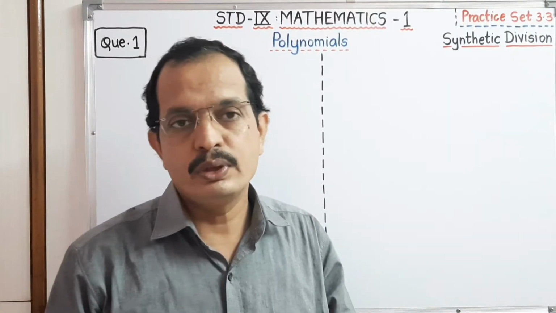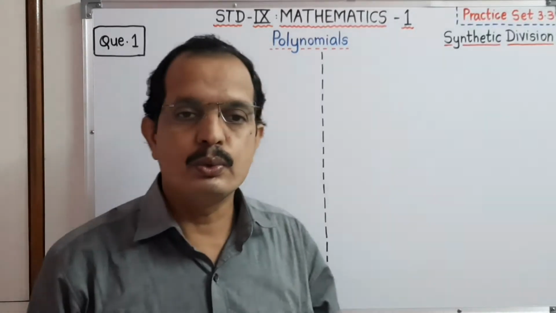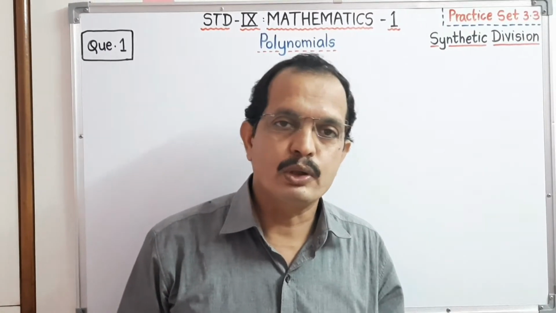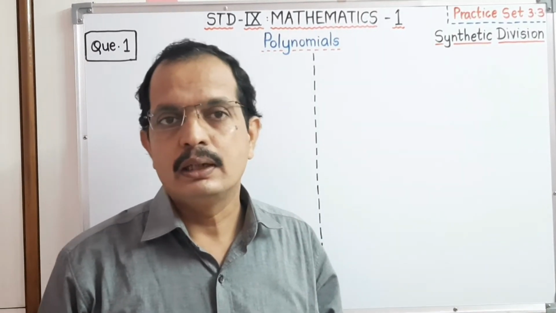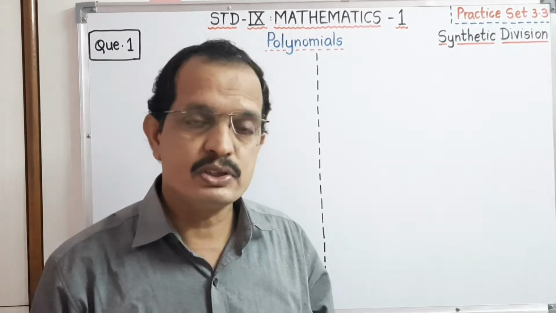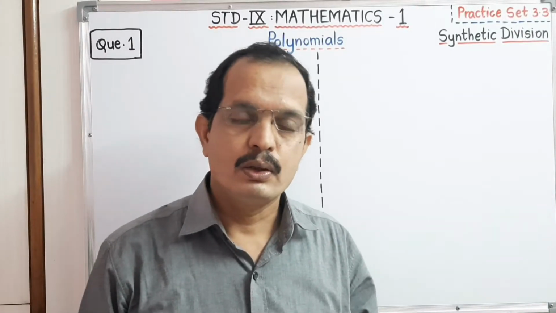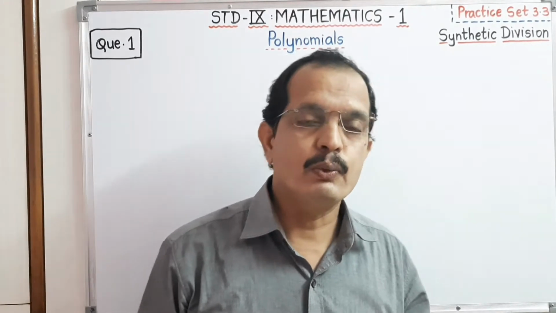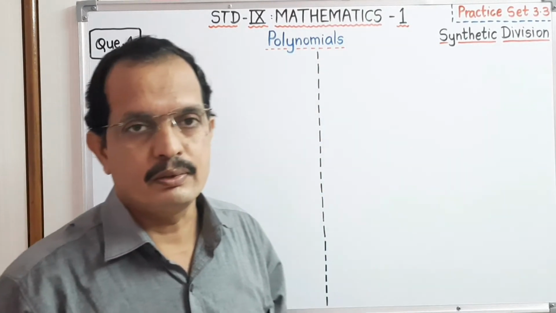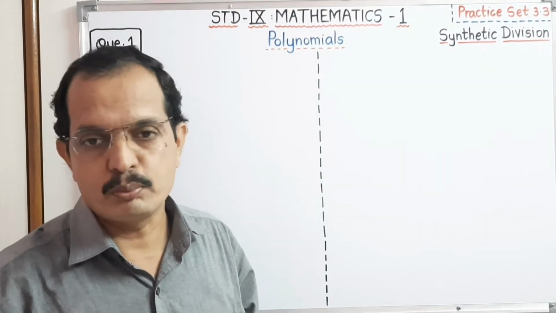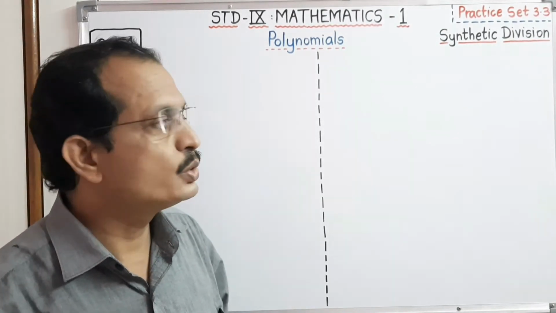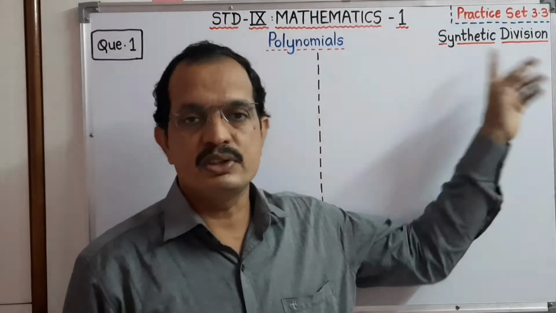In that we learned how to multiply two polynomials, how to add and how to do the division of the polynomials. Now today we have to learn another method for the division of the polynomial, and that method is known as synthetic division.